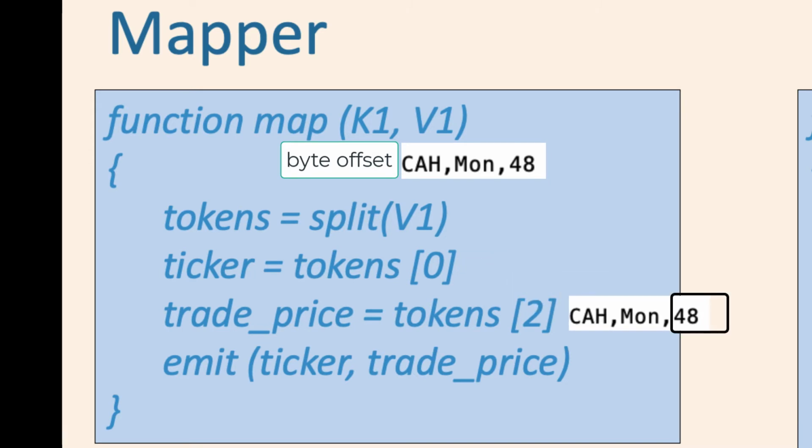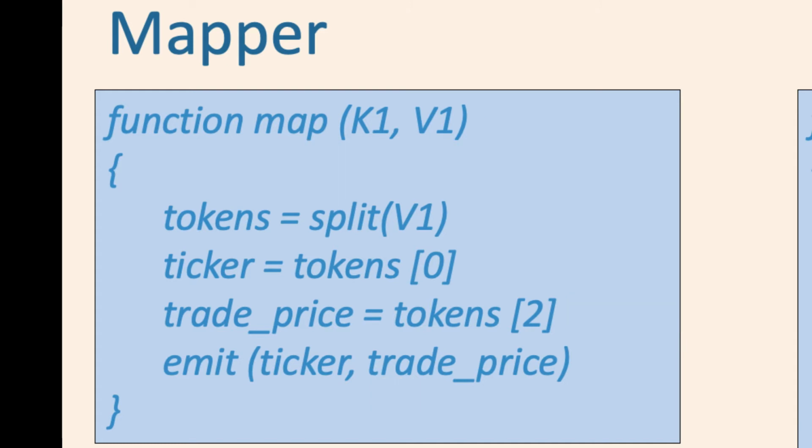And then we are going to send the values to the reducer. The values are also sent in key-value form. The input is also key-value; actually, the key is the byte offset and the value is the line. The output is a key-value, which is the values that we have captured throughout the processing of the mapper. So this is the mapper.